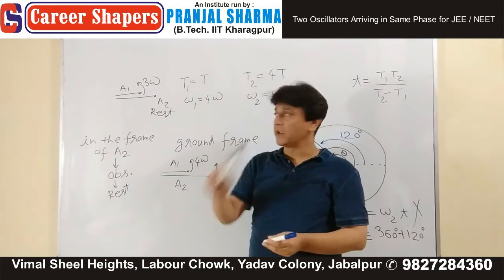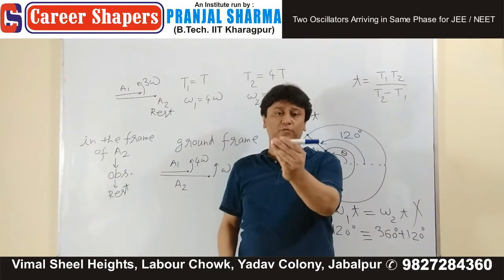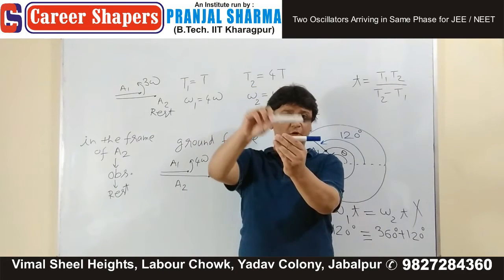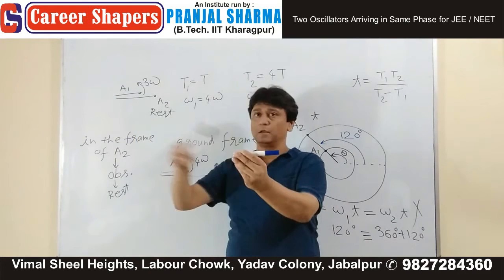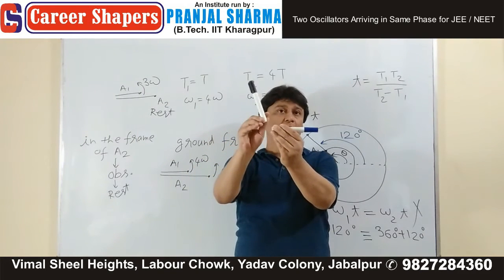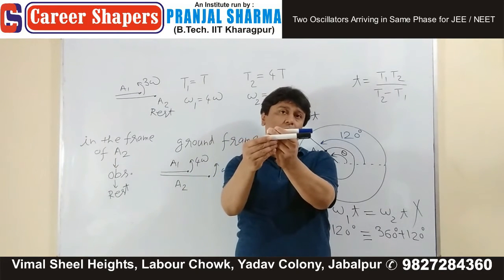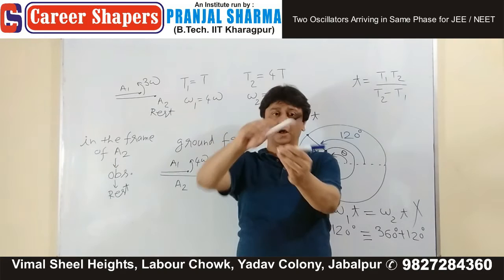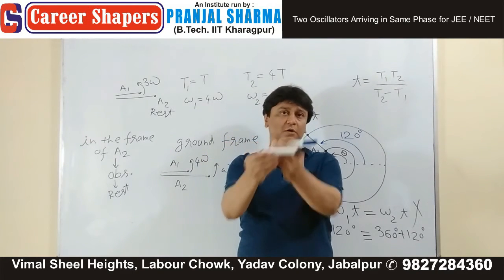But now A2 doesn't move, and the other one is rotating with 3 omega. Now the question is, after what time will they both occupy the same position?